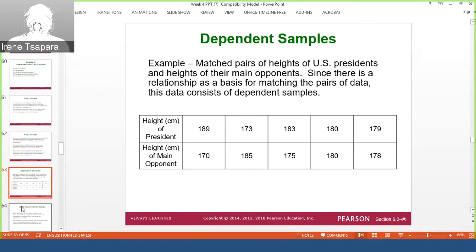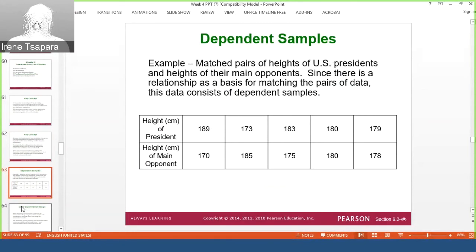Since there is a relationship as a basis for this matching pair, we look at the data and we can see that they consist of dependent sampling. Why are the samples dependent here? Because they are pair matched. We have pairs of president and opponent, so we are looking at two samples from two different populations.